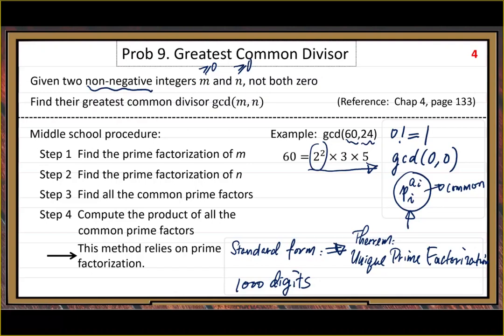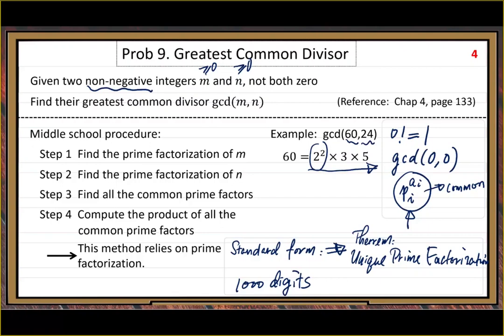So the algorithm should avoid prime factorization. Now you know why we need a second one.